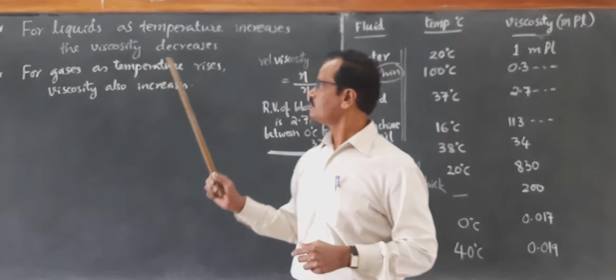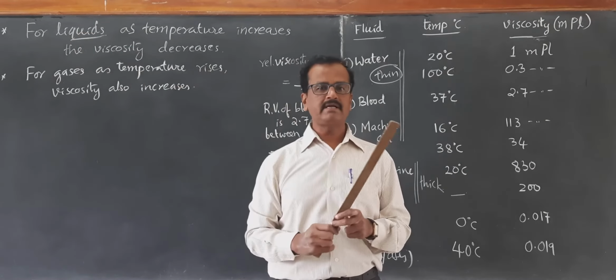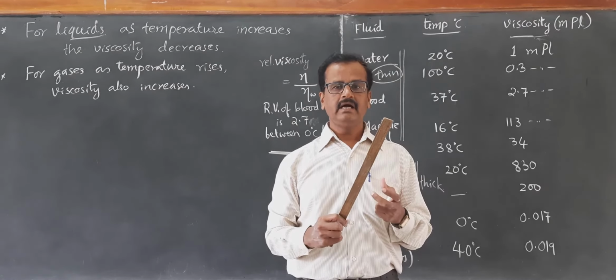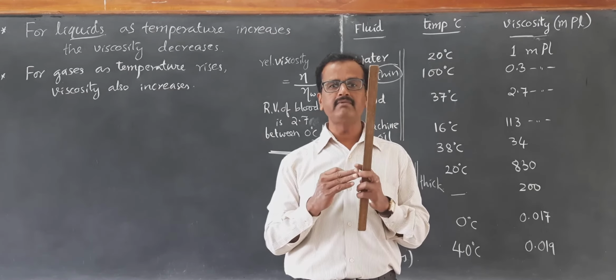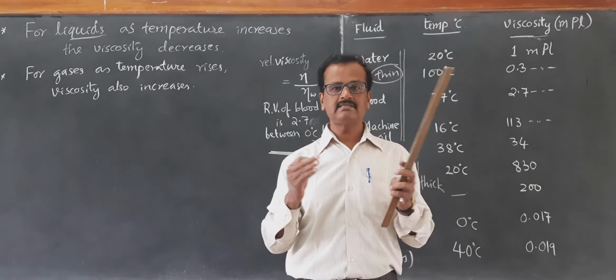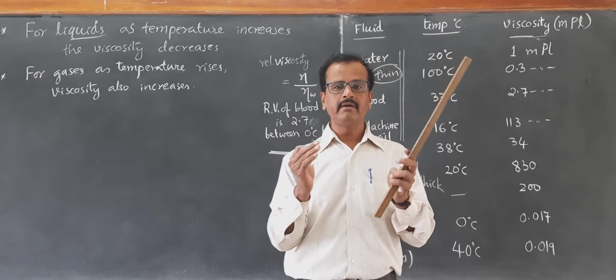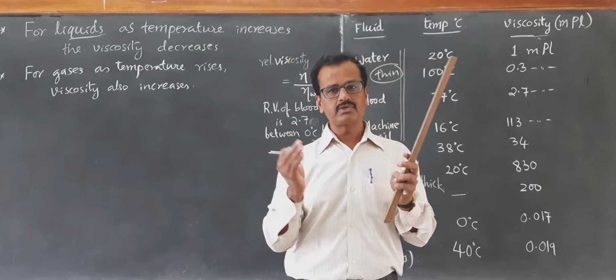As I told you, for liquids, as temperature increases, the kinetic energy of the molecules increases. As a result, the molecules gain more and more energy and they become more free, and thus the intermolecular bonding between the molecules decreases and the viscosity decreases.